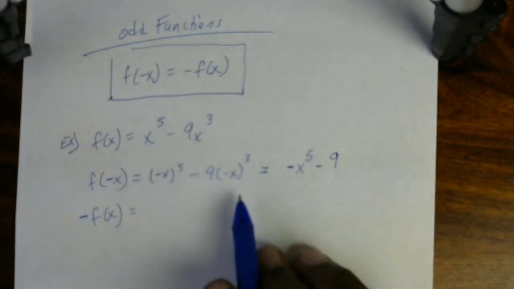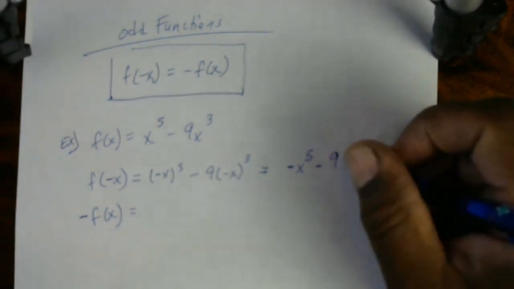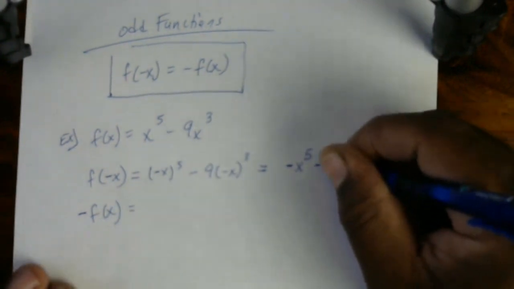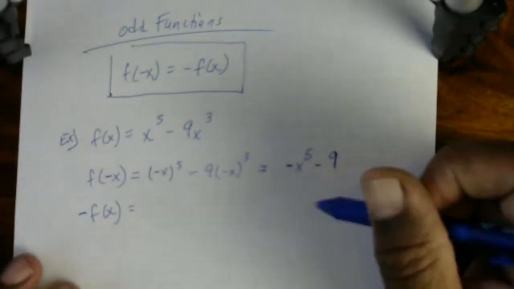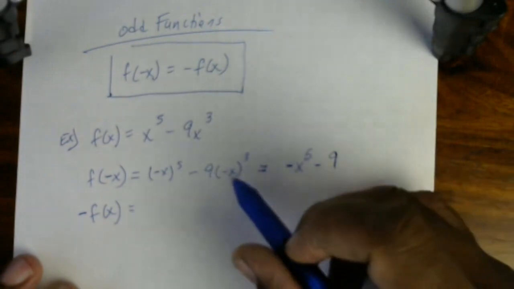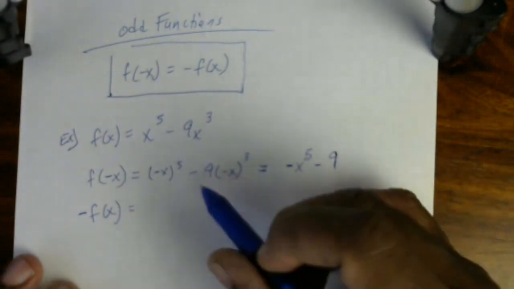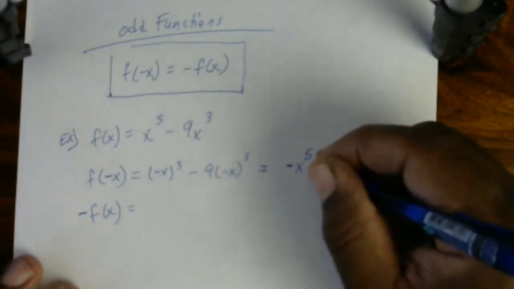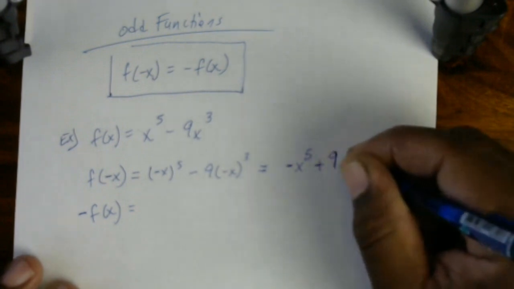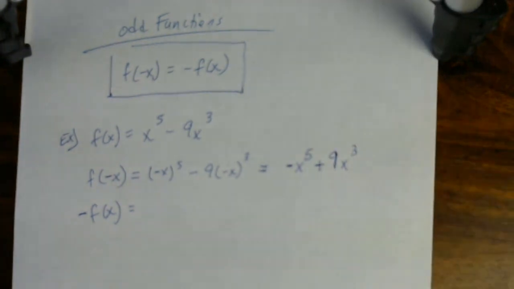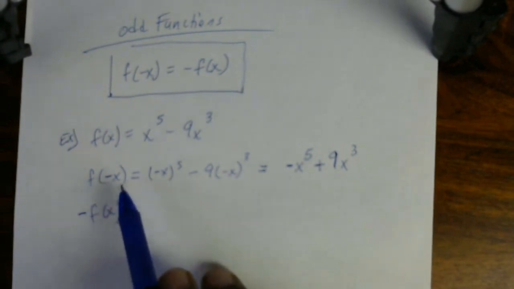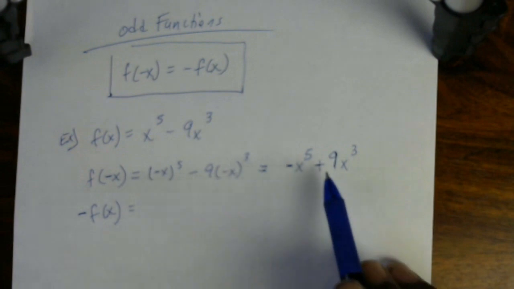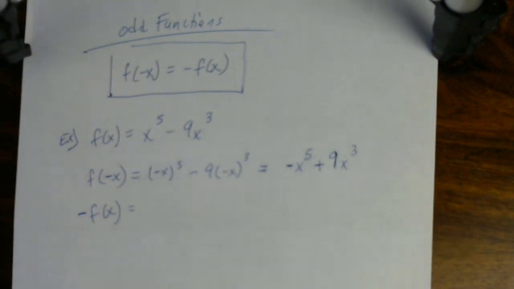A negative times a negative times a negative is a positive. So that's going to give me a negative x to the 3rd. The negative and this negative make a positive x to the 3rd. All right, so when I simplify, I get f of negative x as equal to negative x to the 5th plus 9x to the 3rd.